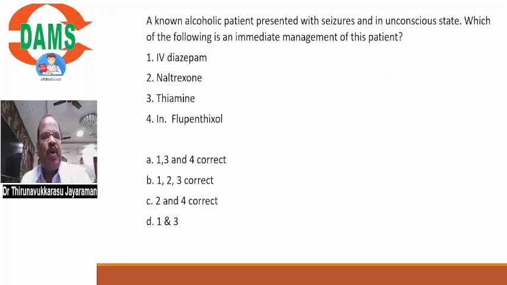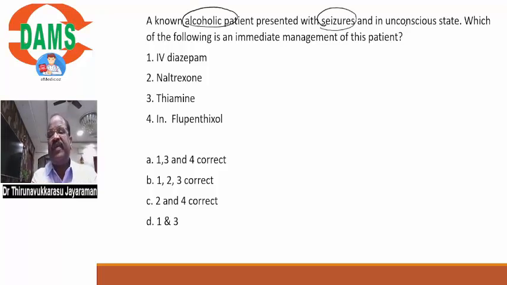Next. A known alcoholic patient presents with a seizure and an unconscious status. Which of following is an immediate management of this patient? Alcoholic patient, seizure, unconscious, mostly a case of acute alcohol withdrawal.